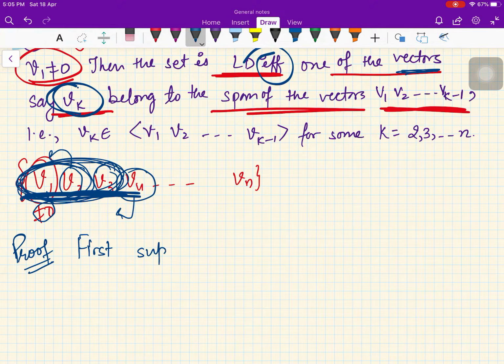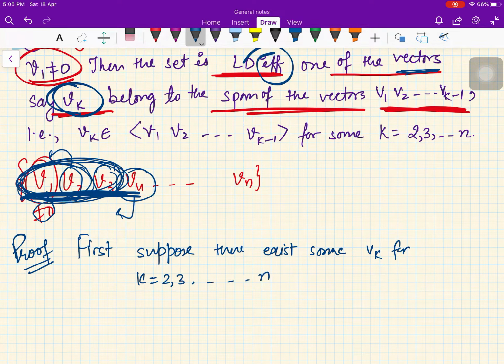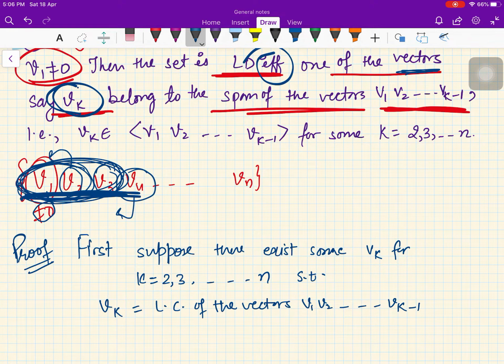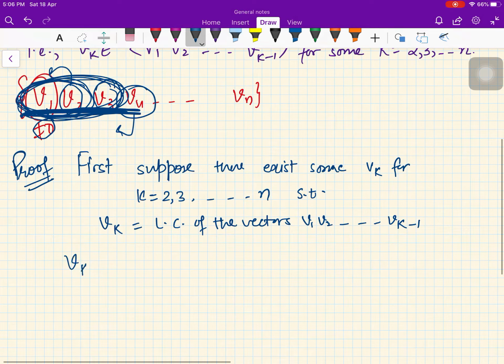First suppose there exists some vk for k equal to 2, 3, up to n, such that vk is a linear combination of the vectors v1, v2, up to vk minus 1.